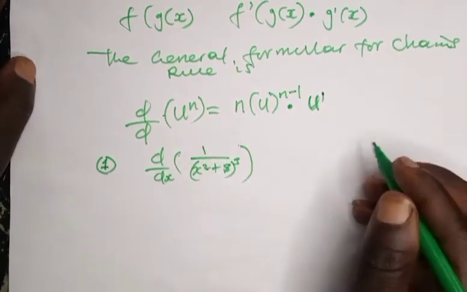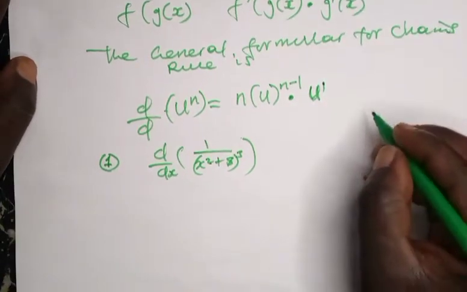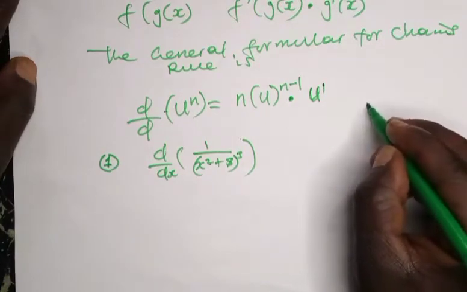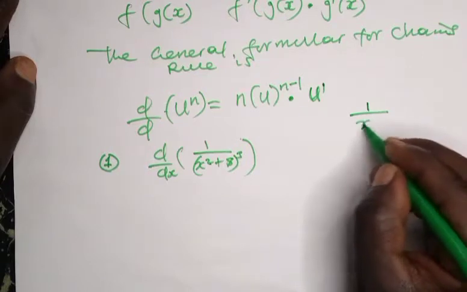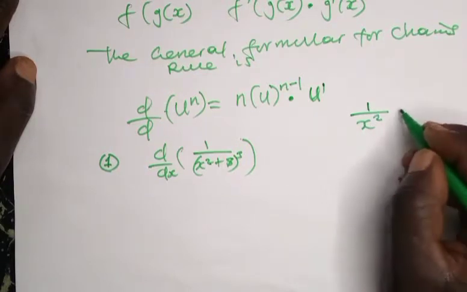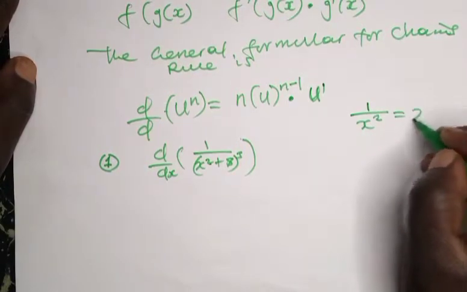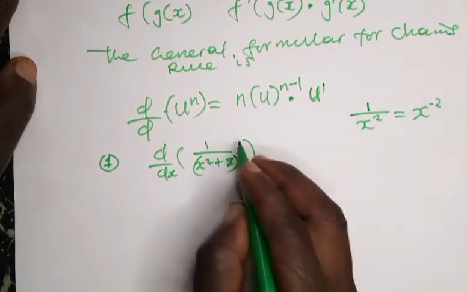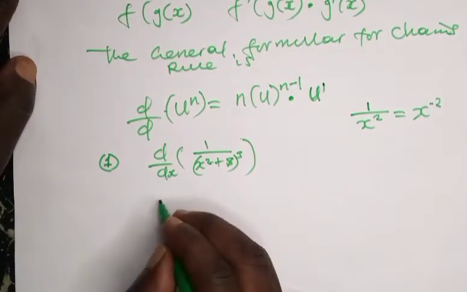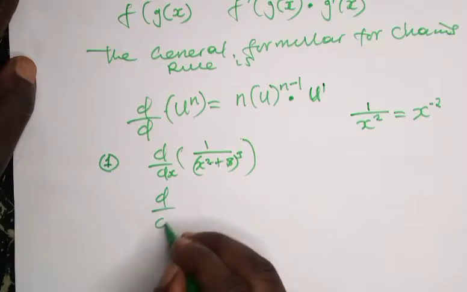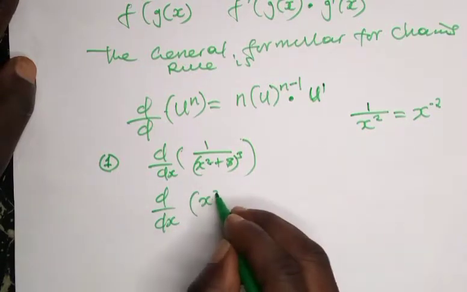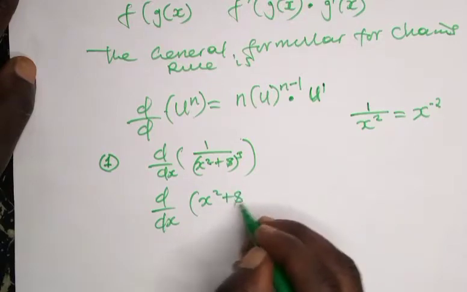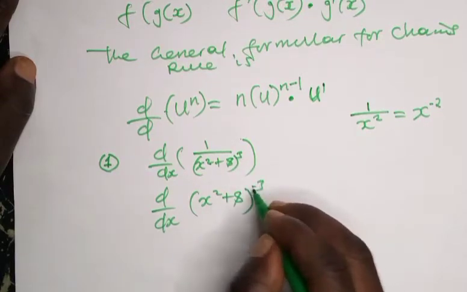I think you remember the indices, where you are given a fraction like 1 over x power 2, then take it into negative, it will be x power negative 2. So here we'll do the same, it will be d over dx of open bracket x power 2 plus 8, power minus 3, as you can see here.